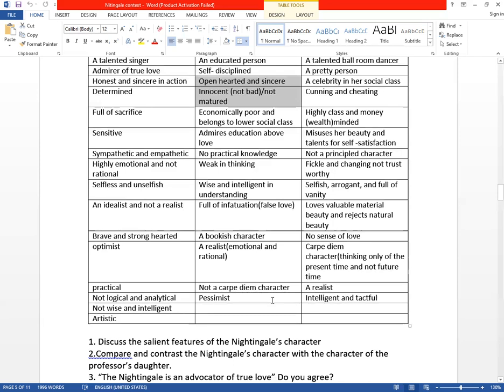As all other realistic characters, the young student also has some weaknesses too.